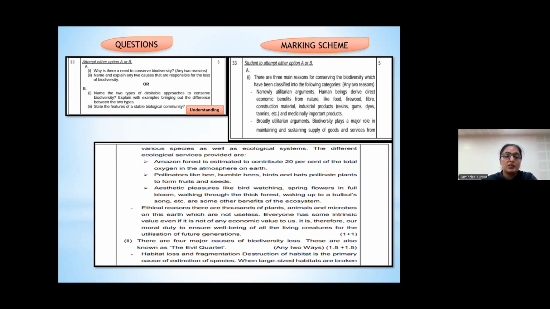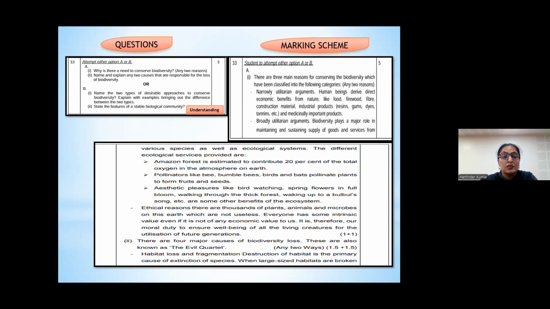Mostly whenever we ask the students why there is a need to conserve biodiversity, they will simply answer from their general observations, because they know a very simple word, extinct. Then they can talk: we need these things, we need resources to survive. This means they are talking of themselves, of narrow utility.